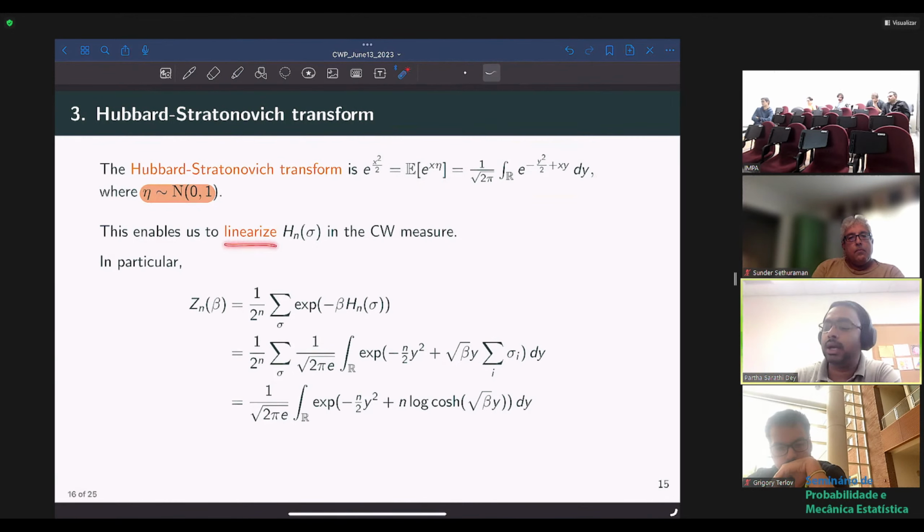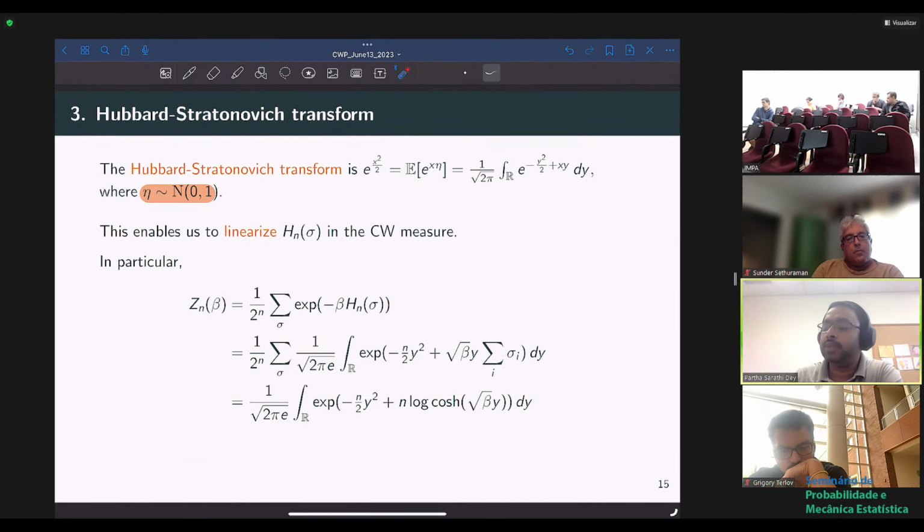Now, using this formula in the classical case, one can linearize the Hamiltonian in the following way. Remember that we want to compute the asymptotic behavior of the log-partition function, log Z_n(beta). Z_n(beta) is the integral with respect to the discrete uniform measure of e to the power beta times the Hamiltonian.